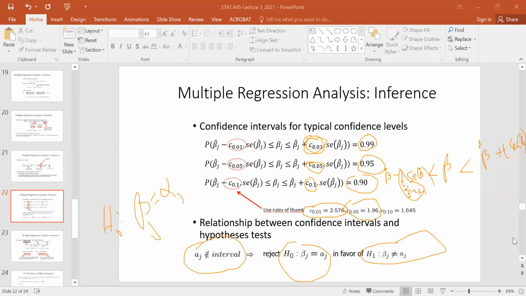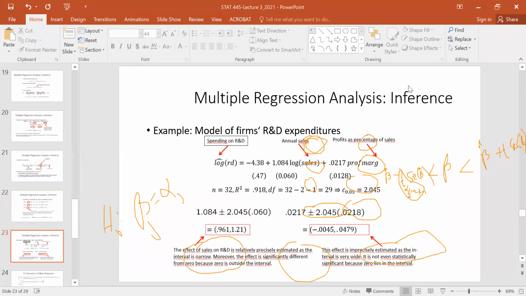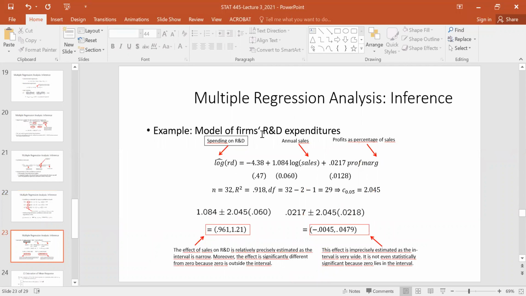And you will see an example. Okay, the next slide. So these are the two examples. A regression is run. We want to test R&D, research and development expenditures that a company expends, for these sales here.